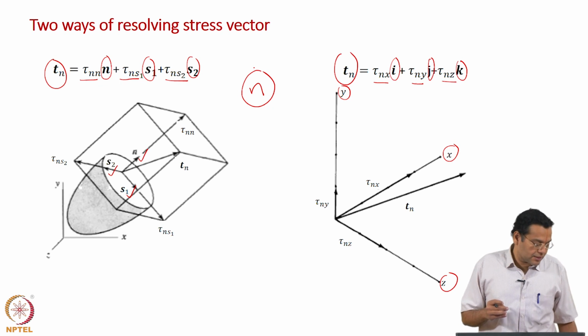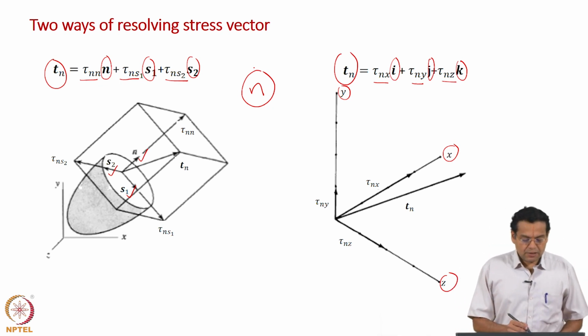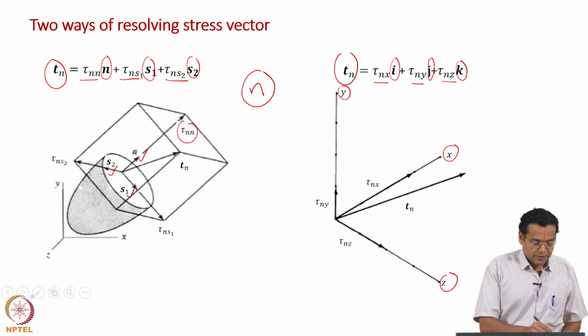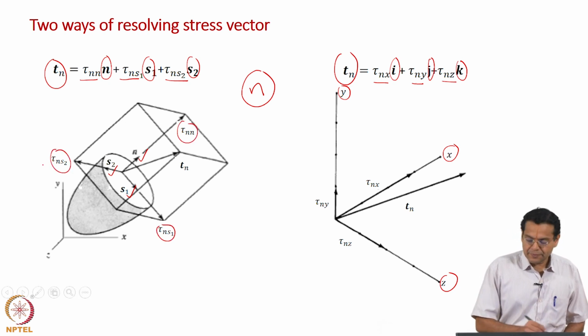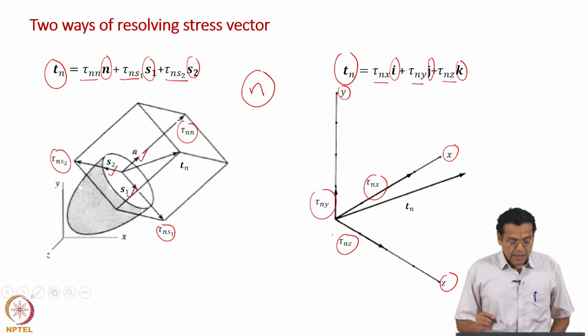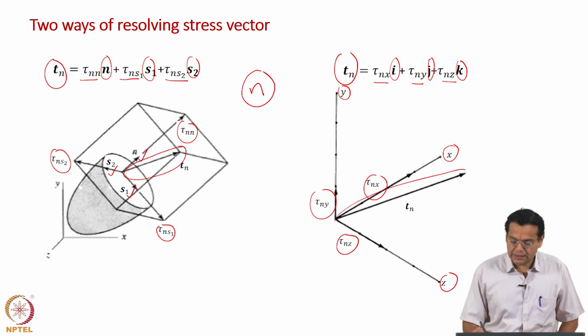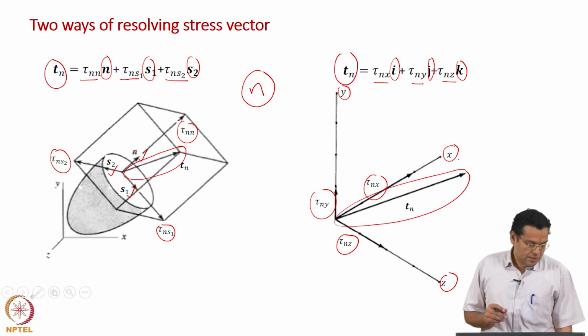Stress vector is still same, okay. And of course, the components here are tau n n, tau n S1, tau n S2, and in this case tau n x, tau n y, tau n z, okay. And remember, same stress vector, same plane, same point, everything is same, okay.